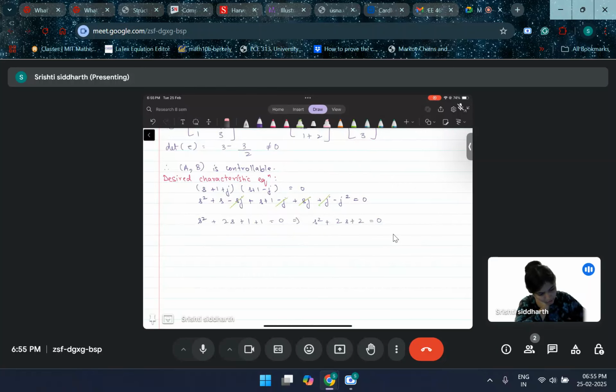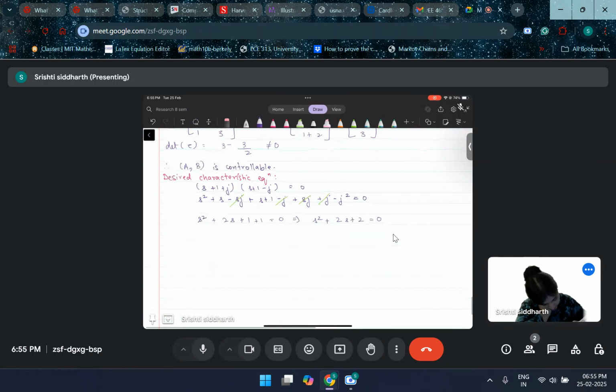Alright. And now we have to find out the characteristic equation for A plus BF. So A is 2 by 2, B is a column vector, and therefore F is going to be a row vector. So let's assume that F is given as some scalars F1 and F2.